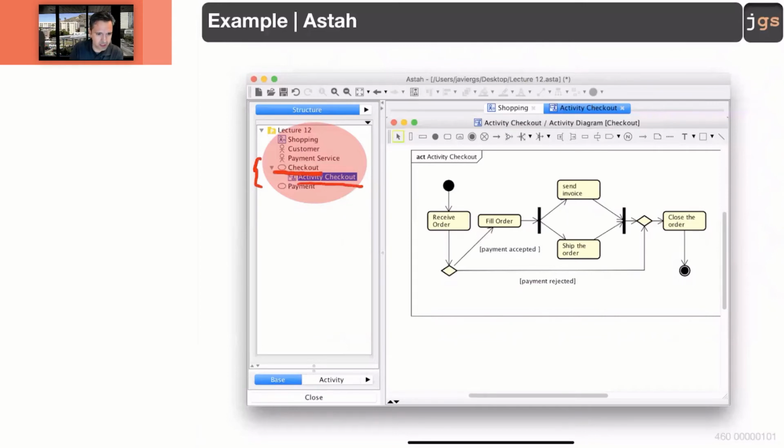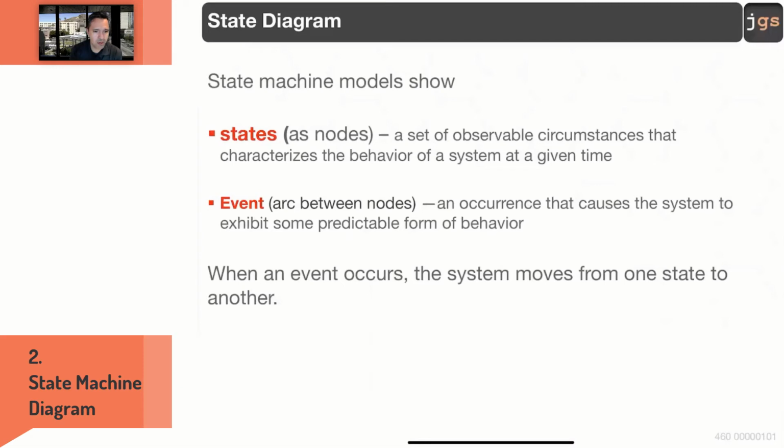nothing hard here. Hopefully you remember state diagrams. These are the easiest. Only 2 elements, only 2 things. States, boxes. Fancy boxes with round corners, but boxes.